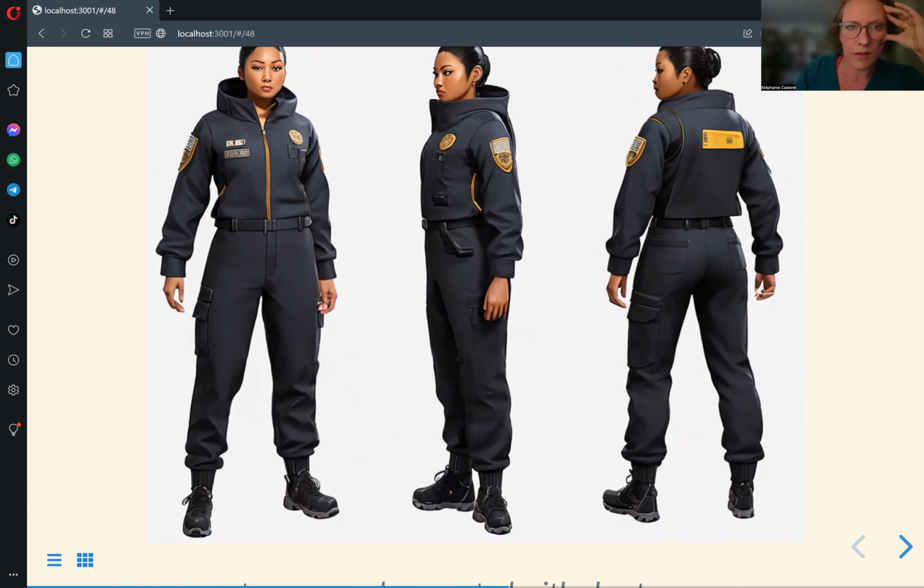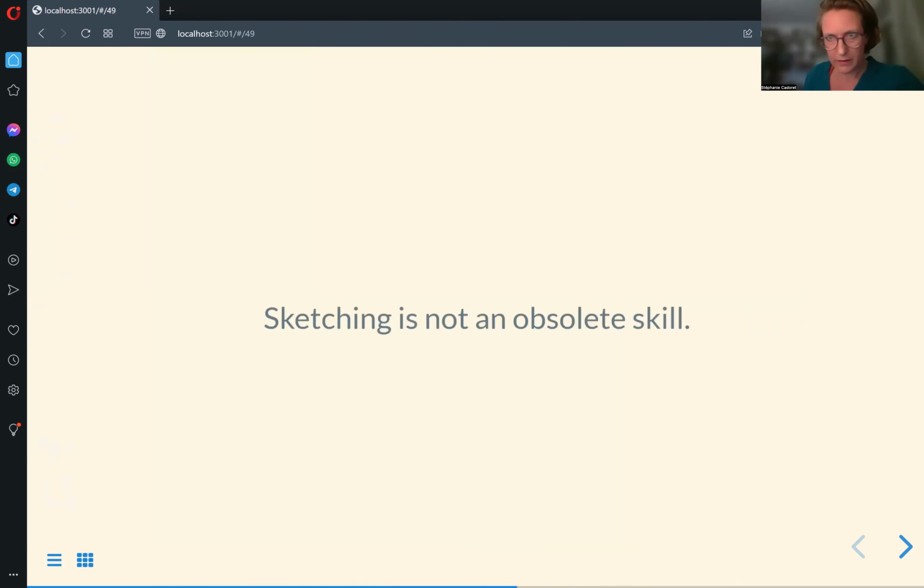That was quite a good example here; they were a lot worse. Right now, we can compensate for these problems using a posing tool like Open Pose Editor. And here again, it's a lot longer and more tedious than making a sketch. So sketching is not an obsolete skill yet.